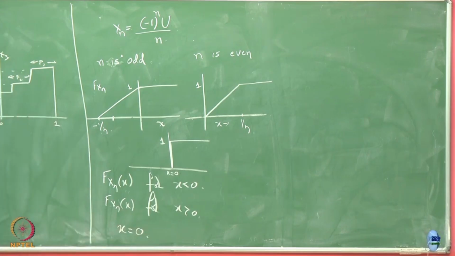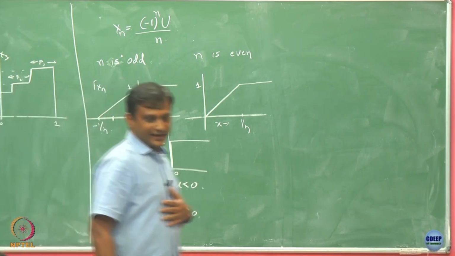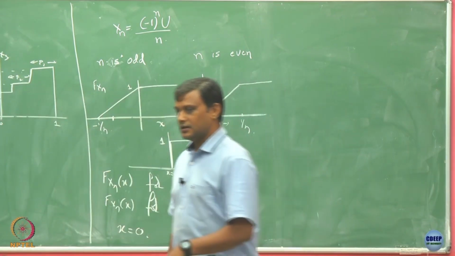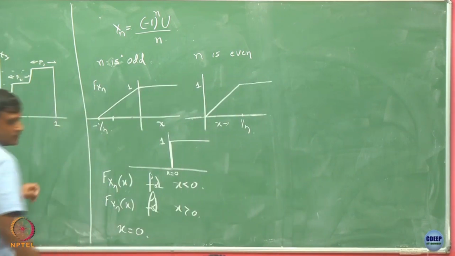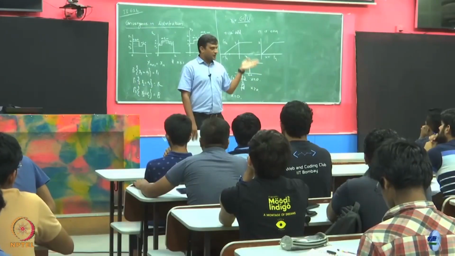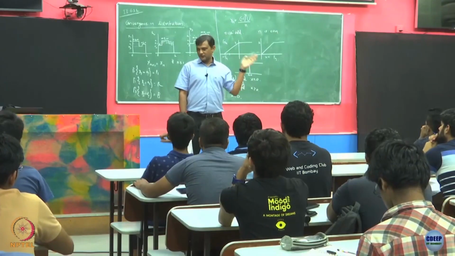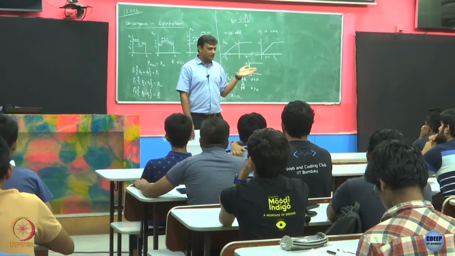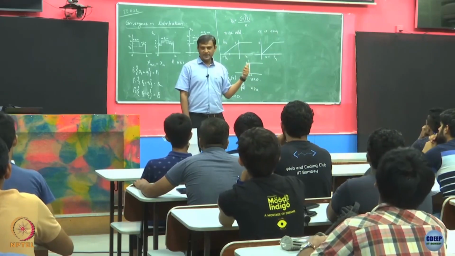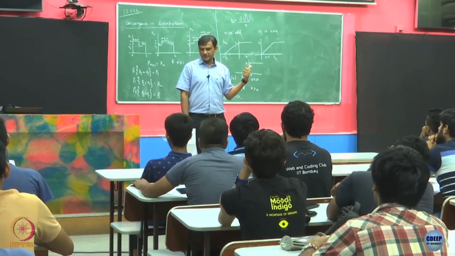So in general, that is why, in the definition of convergence in distribution, we said that a sequence of random variables converges in distribution if the CDFs converge to the limit CDF at all points of continuity. So right, that was our definition of convergence in distribution.